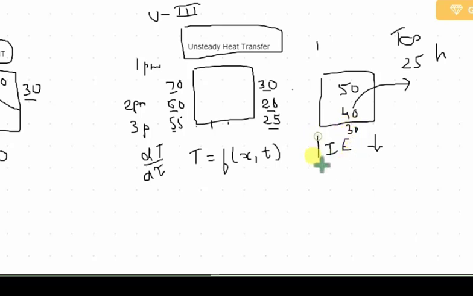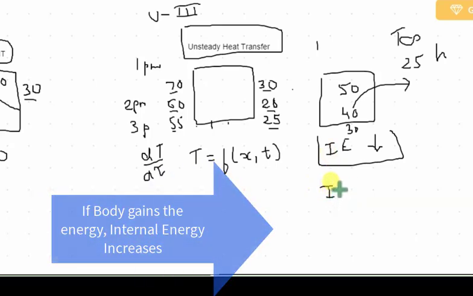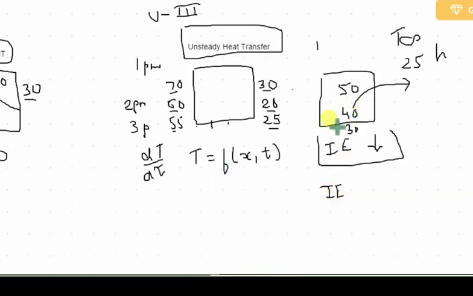This is one important thing you must keep in mind. When the body loses energy, the internal energy decreases, and if the body gains energy, the internal energy increases. If the body is gaining heat from some hot fluid, the internal energy increases. The measure of internal energy is nothing but the temperature.